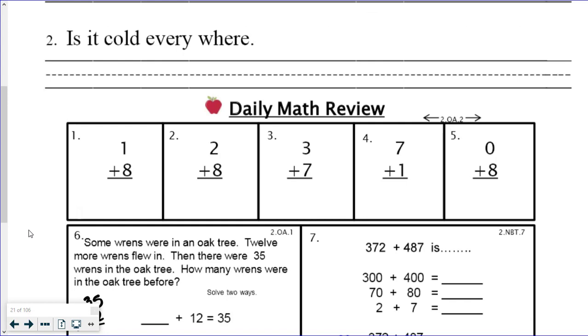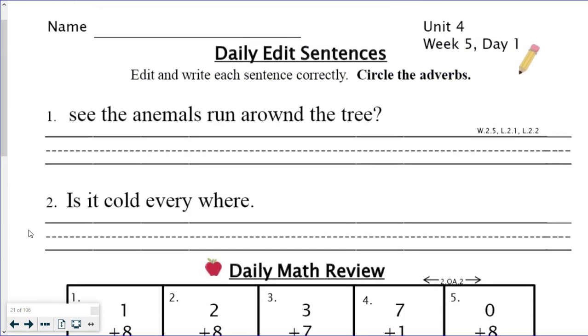All right, let's start checking from the top. See the animals run around the tree. So we need a capital at the beginning of every sentence. Animals is spelled incorrectly. Animals is A-N-I-M-A-L-S. And around is spelled wrong, A-R-O-U-N-D.